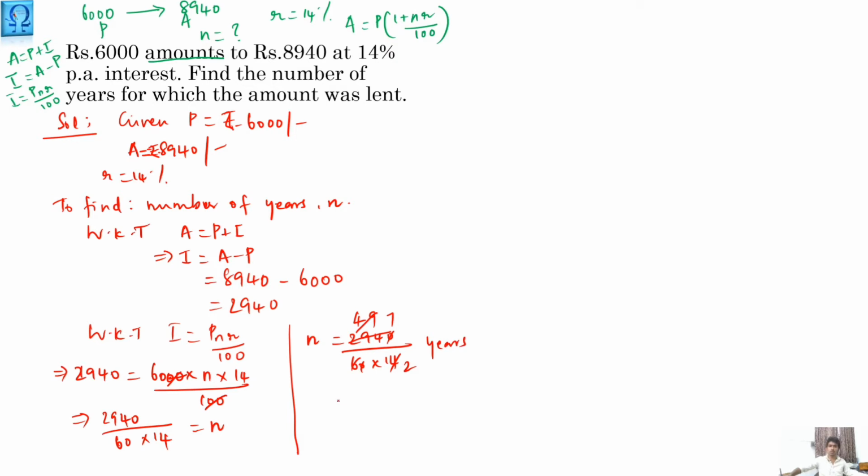What is 7 upon 2 years? It is 3.5 years. So the n value is 3.5 years, or simply we may say 3 years, and 0.5 is 6 months, right? So 3 years, 6 months. This is the number of years for which the amount was lent.